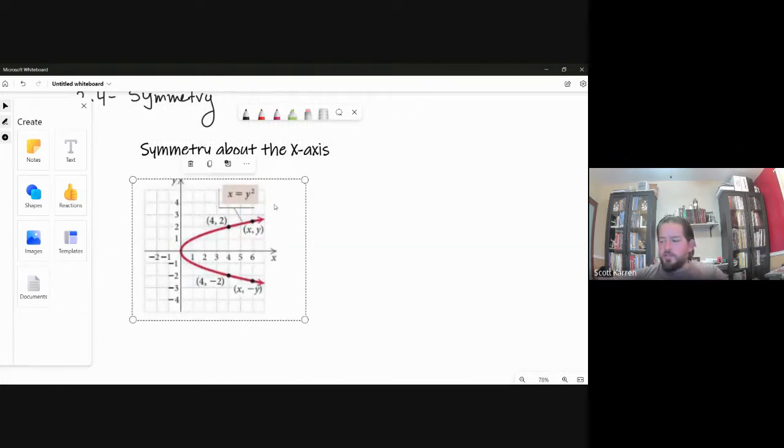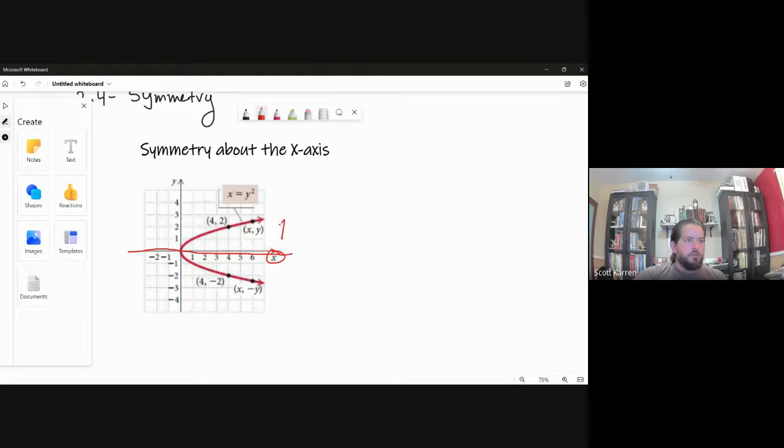So here's our x-axis down here. That x-axis is the line where, if you're standing on this axis and you look up and see a point some distance away, you're going to be able to look down and see a point the same distance in the opposite direction. So here, if I stand at 3, I look up about 1 3/4, I'll look down and also see about 1 3/4.